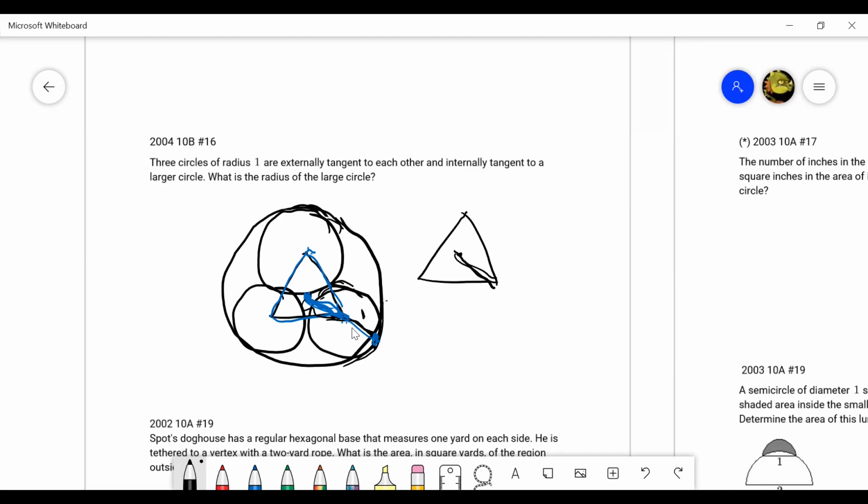Since this is an equilateral triangle, we can find this length in many ways. I'm just going to leave this open to everyone. What is this length? If you have your answer, you can type it in the chat.